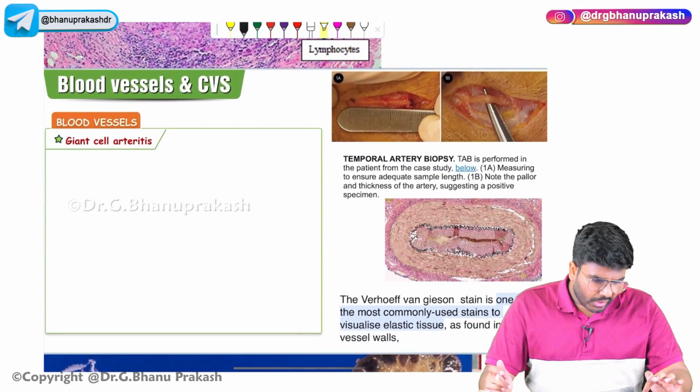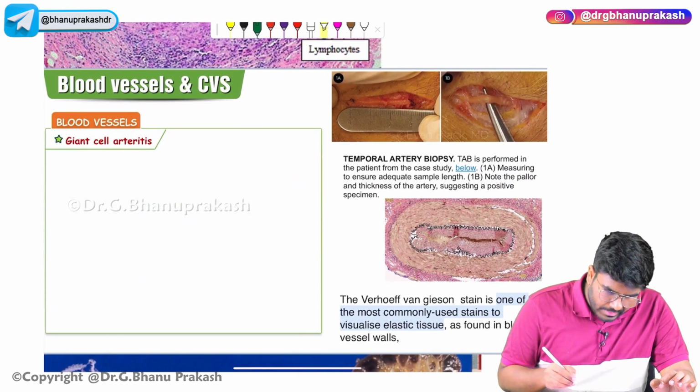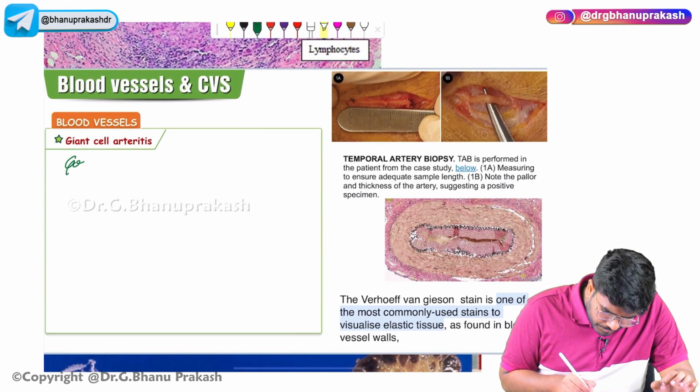Now, what I want you to know is the gross features. To put the diagnosis, what do you look for in the gross morphology?